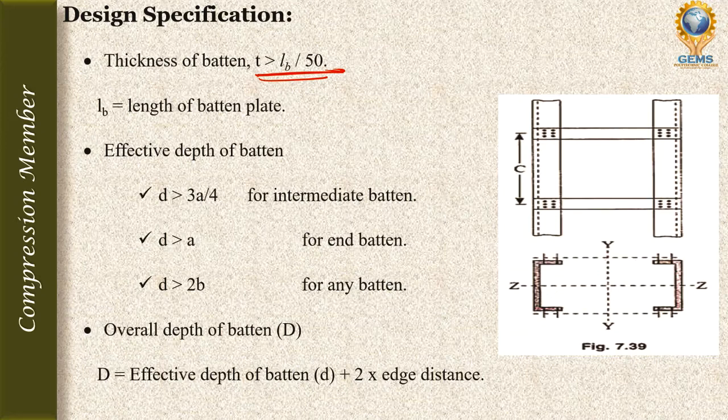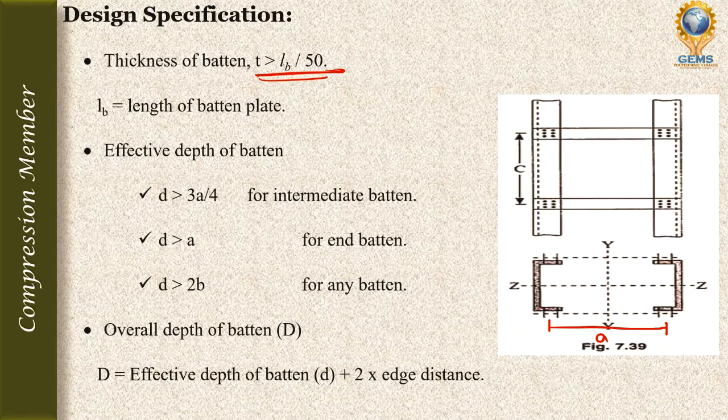Then what will be the effective depth of batten? For intermediate batten, D should be greater than 3A by 4. What is the A here? A is the distance from center to center of the flanges. For end batten, D should be greater than A. For any other batten, D should be greater than 2 times B. What is the B distance?